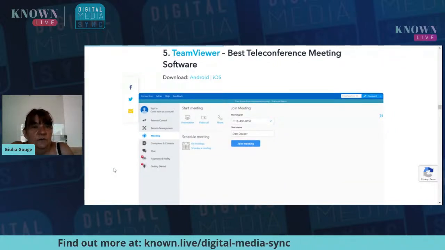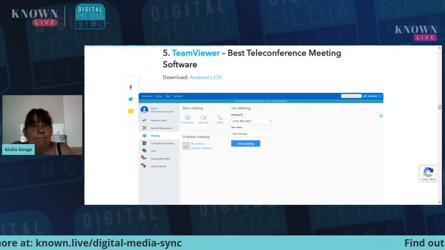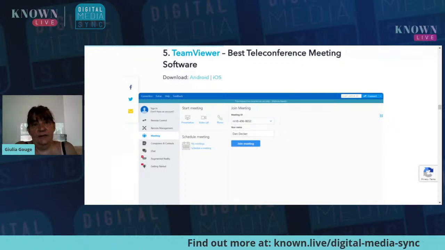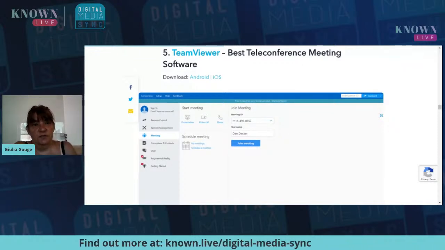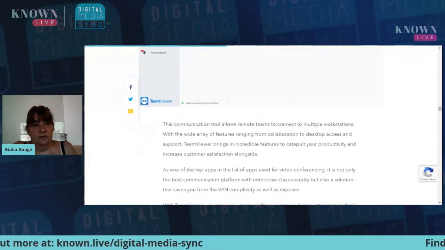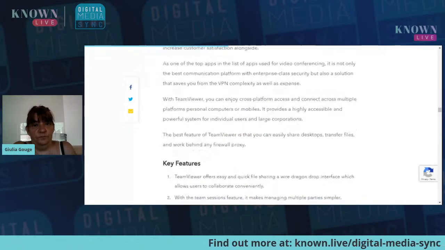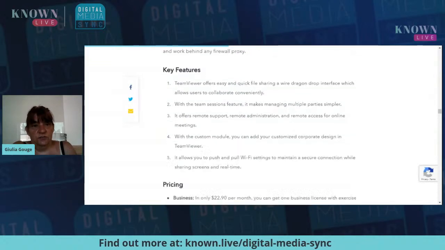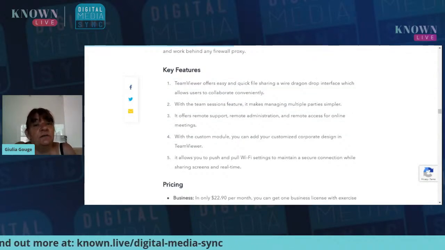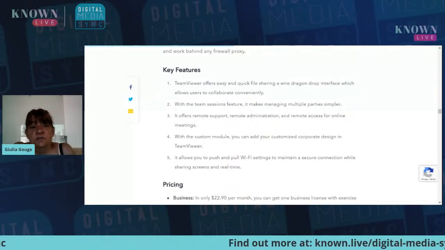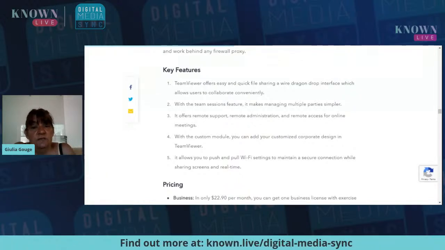Okay, so number 5 is making a big claim right here. It is saying that it is the best teleconference meeting software. Dun, dun, dun. Why is it the best? Let's look at their key features. It offers easy and quick file sharing. With the team sessions feature, it makes managing multiple parties simpler.